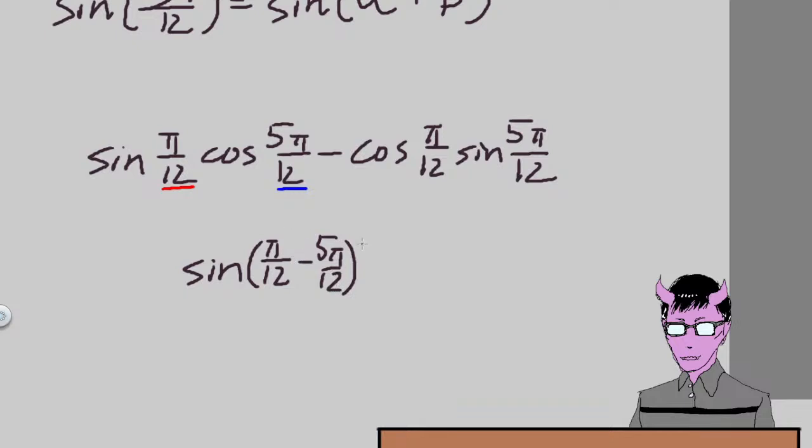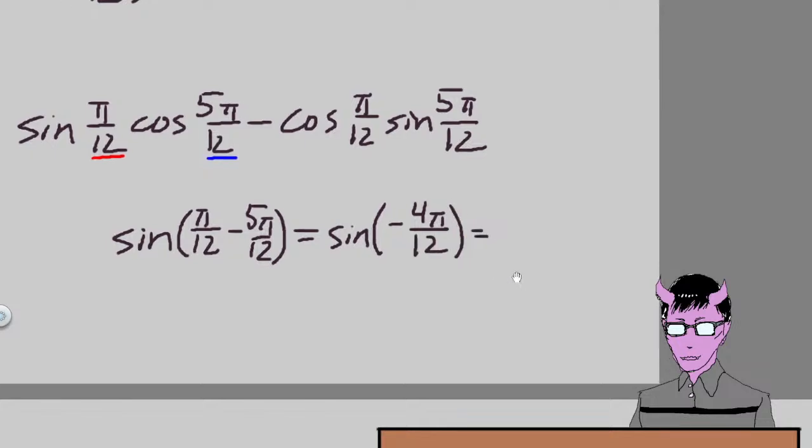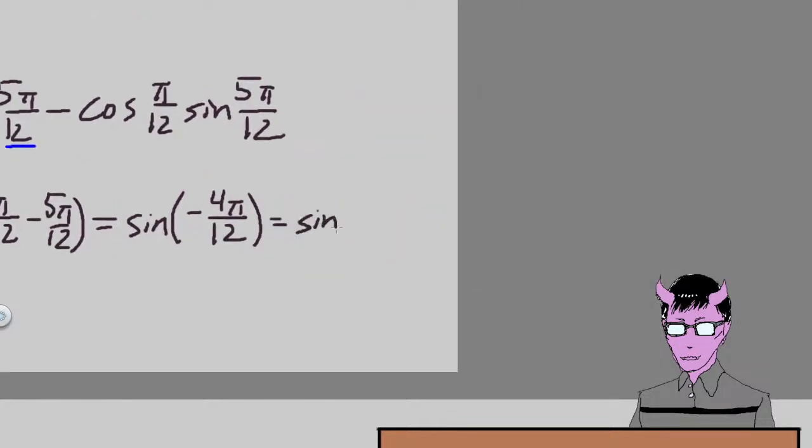Oh, that's interesting. Oh, that's okay. We still get a nice situation. So if you evaluate that, we're going to get the 1 minus 5, which is negative 4 pi over 12. This one does simplify into a nice scenario. We therefore get sine of negative pi over 3.